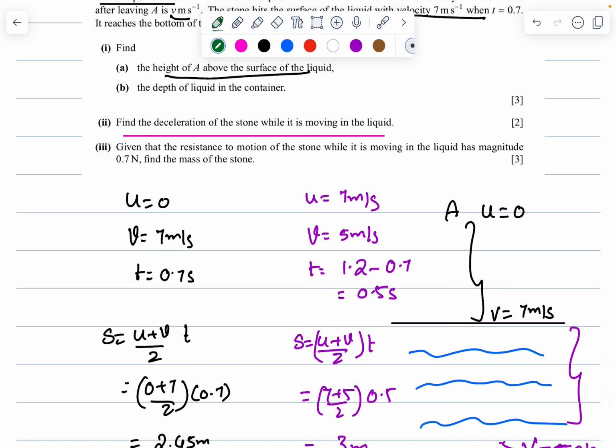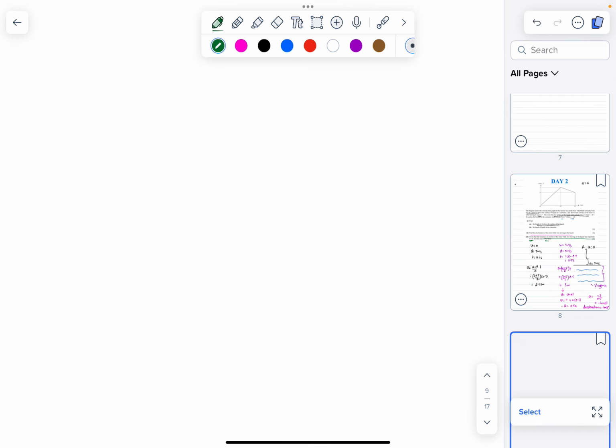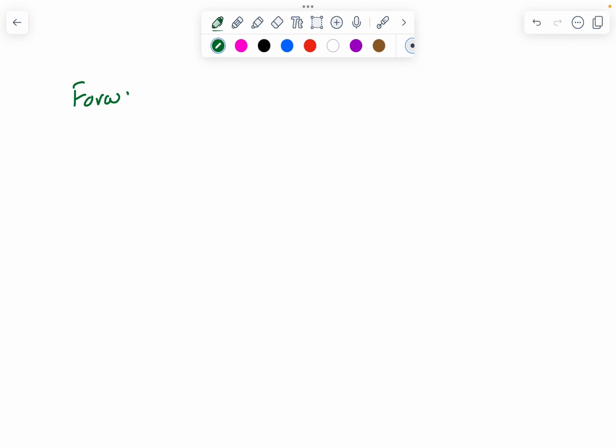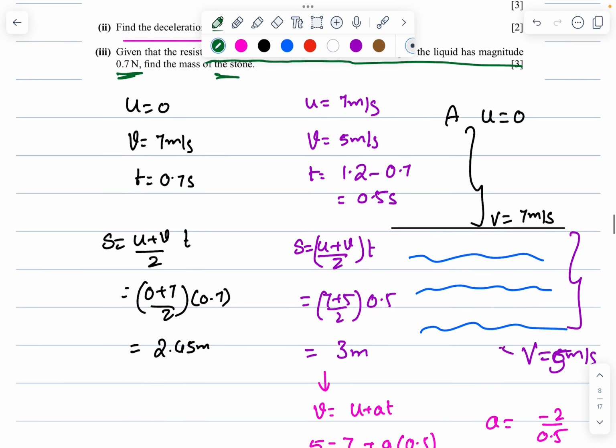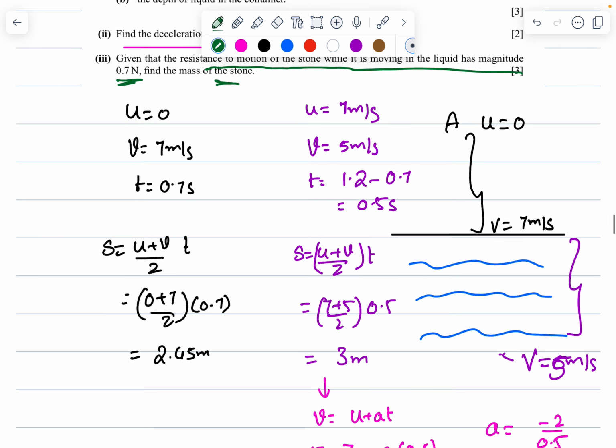Then, given that the resistance to the motion of the stone while it is moving in the liquid has a magnitude of 0.7, find the mass of the stone. You need to remember only one formula: forward force minus backward force equals ma.